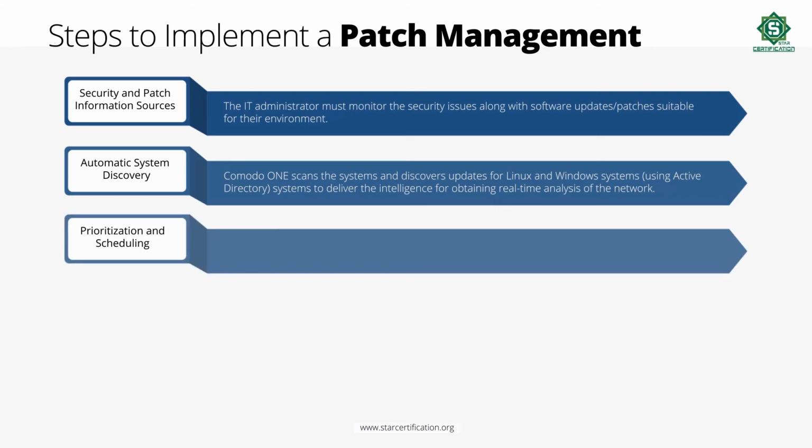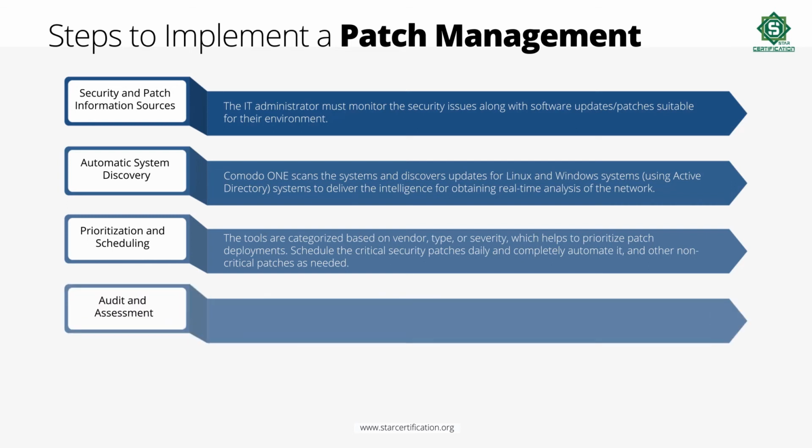Prioritization and scheduling. The tools are categorized based on vendor, type, or severity, which helps to prioritize patch deployments. Schedule the critical security patches daily and completely. Automate it, and other non-critical patches as needed.